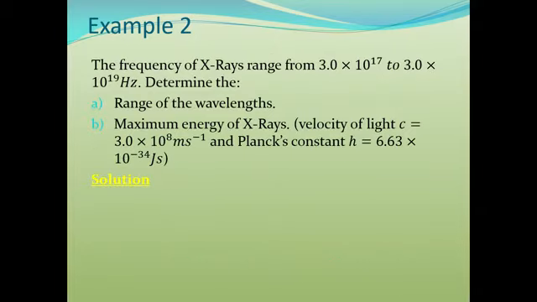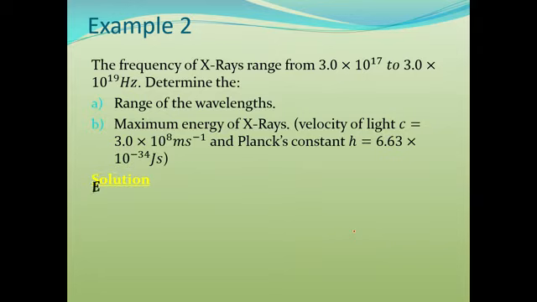Second part of the question, we will look for the maximum energy of the X-rays. Now we need to be careful. Maximum energy, E is equal to hf. How do you get maximum energy? How are they related? Notice that E is directly proportional to frequency. So for maximum energy, I'll have to use maximum frequency.